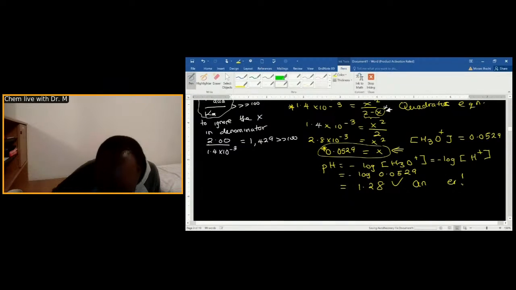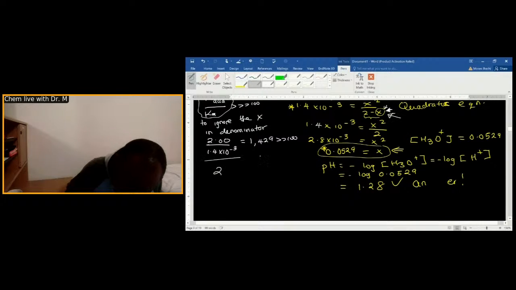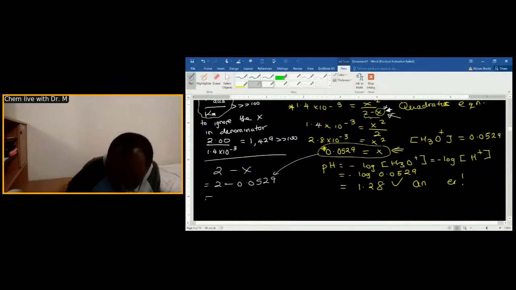So there's another way to determine that you are really right and you are okay to assume that this X has no effect. Take 2 minus X to be equal to 2 minus 0.0529 because you solved for X, right? Let's see if that changes much.